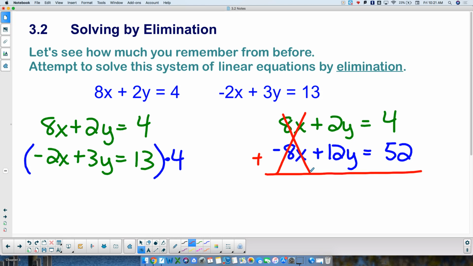I've eliminated, hence the title, I've eliminated the x's. I get 14y because 2y plus 12y is 14y. 4 plus 52 is 56. If you add your two equations together and you still have two variables, you've done something wrong. Okay?